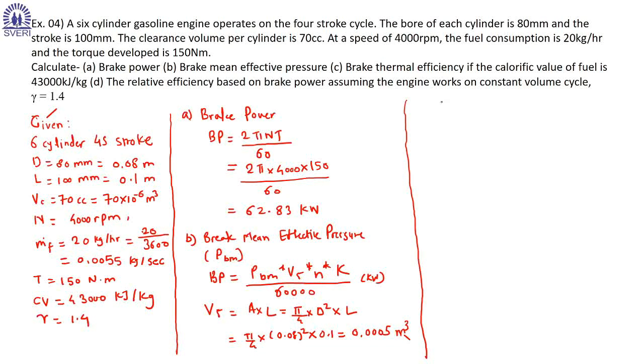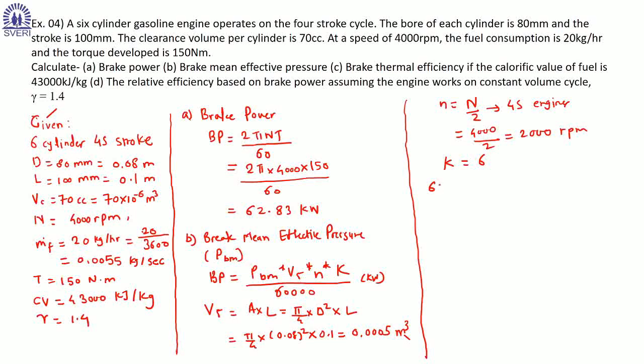Now second is n. Small n is equal to N by 2 in case of 4-stroke engines. So this is equal to 4000 divided by 2, equal to 2000 RPM. And K: it is a 6 cylinder engine, so K will be equal to 6. I'll put all the values here.